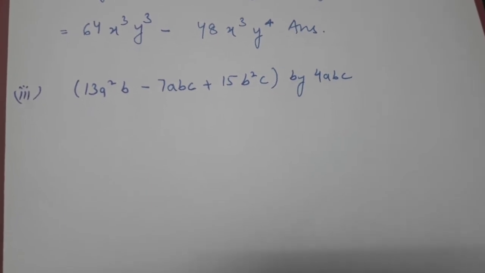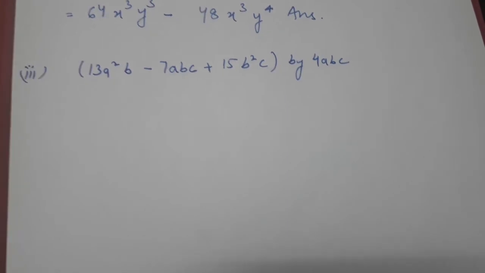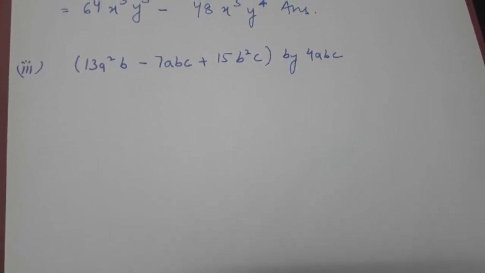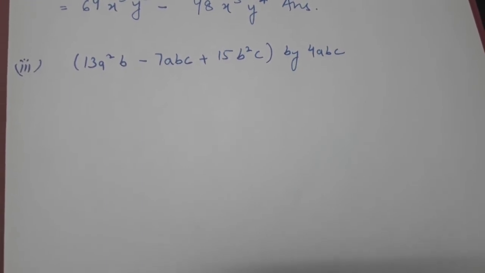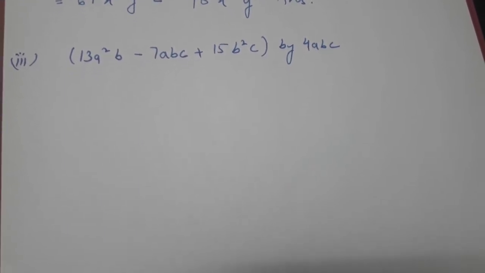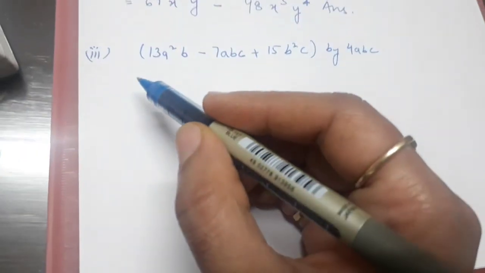So third part is 13a square b minus 7abc plus 15b square c by 4abc. What does it mean? It means 4abc will get multiplied by 13a square b, and then minus 7abc, and then positive 15b square c. So let's check how to write this.